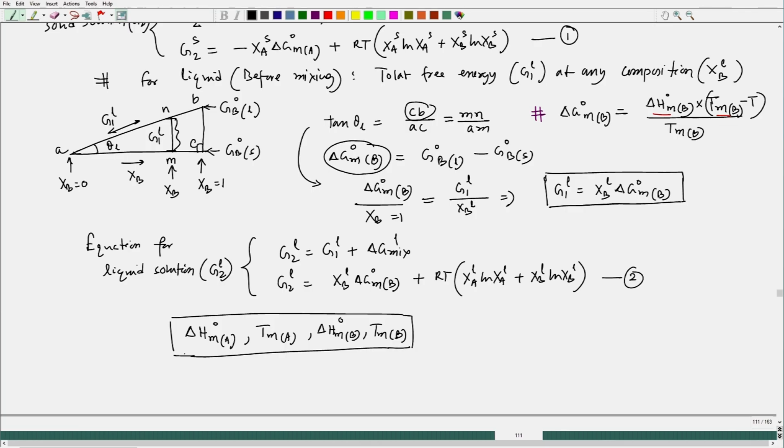Now, these 4 data can be easily obtained by doing one particular experiment. We call it differential scanning calorimetry. So, we can find it from a DSC experiment. This is a fairly easy experiment, and those are experimentally found data for pure A and pure B, and those data will be used. Okay. So, simple thermodynamic data can lead us to the isomorphous phase diagram.